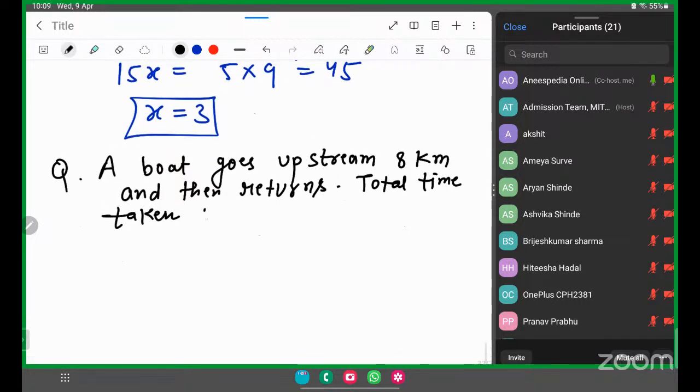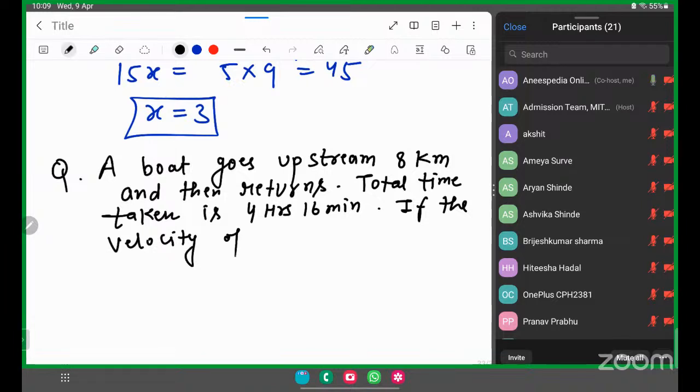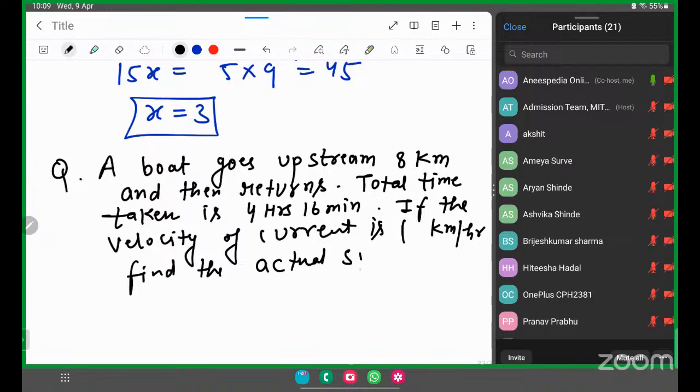Total time taken is 4 hours 16 minutes. If the velocity of current is 1 kilometer per hour, find the actual speed of boat.